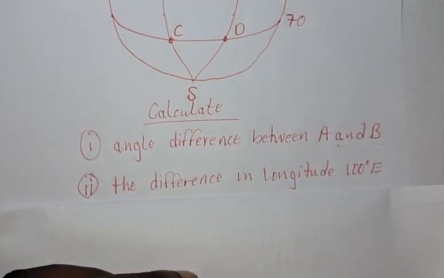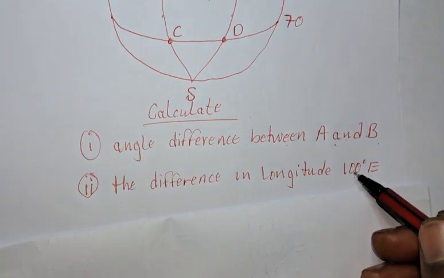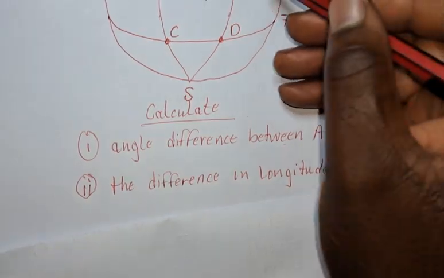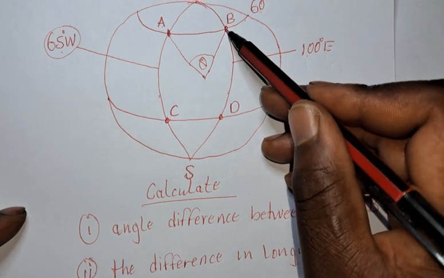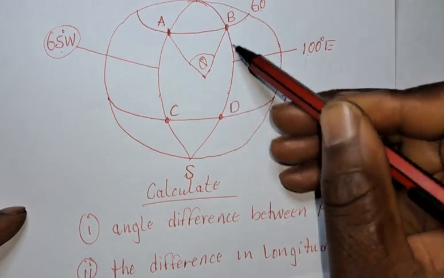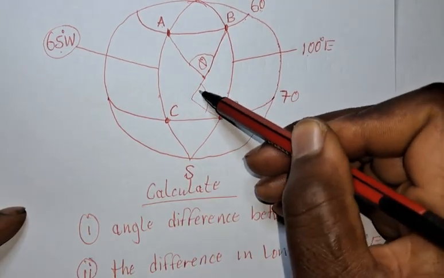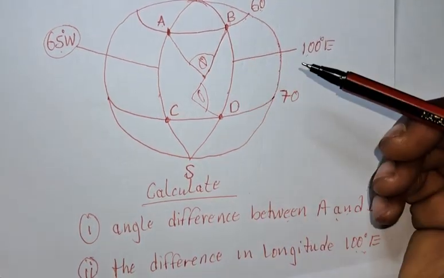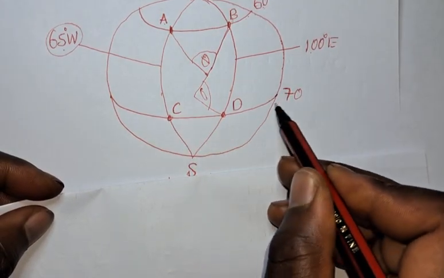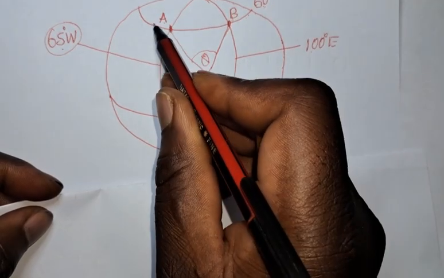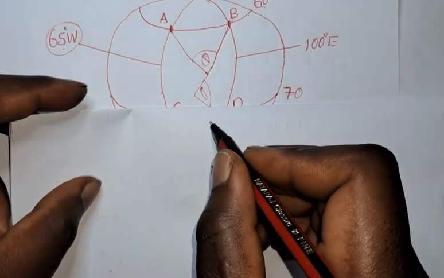So the angle difference in longitude, that is the angle difference between point B and point D. This is just the other value of theta between point B and point D. What you are going to do on this one is consider the latitude that is passing at point D and the latitude that is passing at point B. This is the angle difference between B and D.